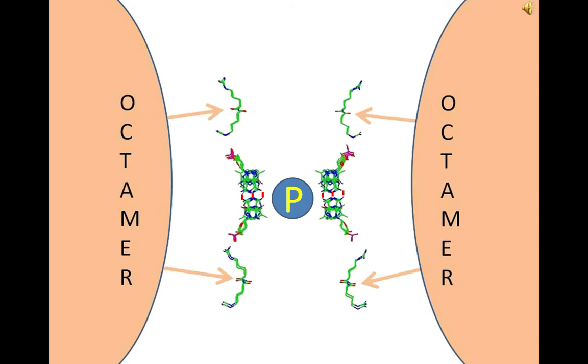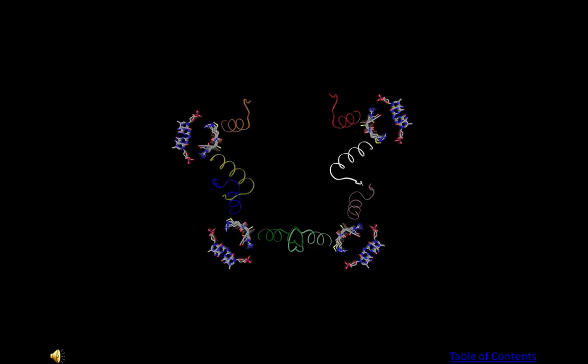And finally, there is the matter of devising a model for a 30 nanometer fiber. This slide doesn't look anything like what we've been studying above, but it is in fact a direct manifestation of it. What we have here is a skeleton model of a single histone octamer containing only helix 1.